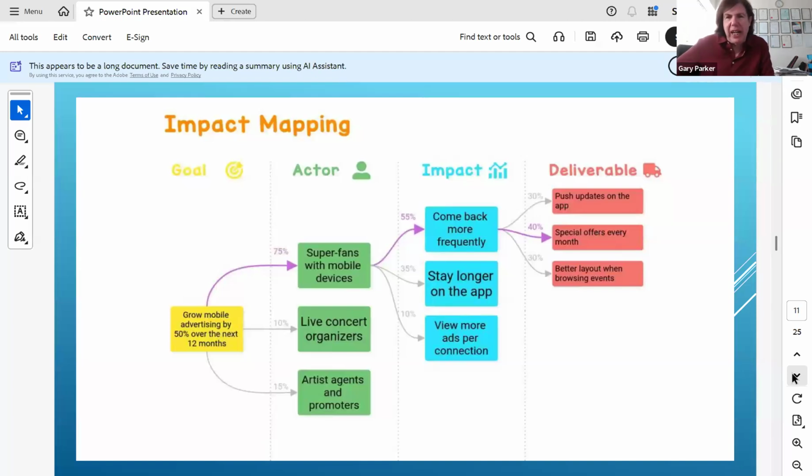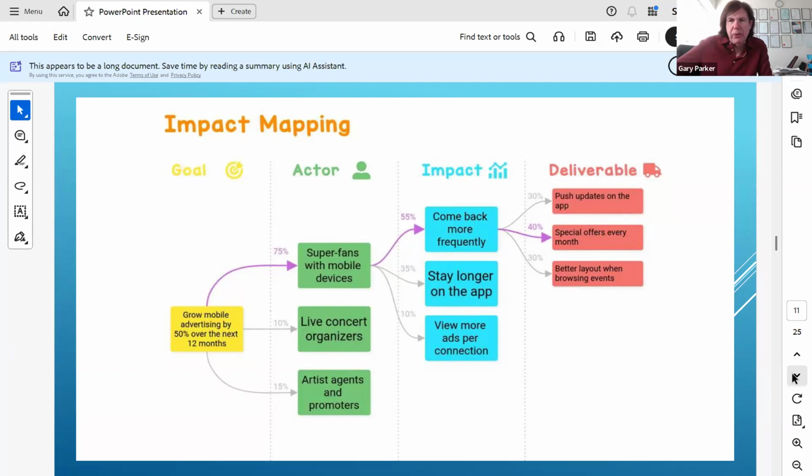You might have disparate actors in something like this. It really depends on the nature of your project. But if you've got a strategy that engages all of them as best you can, that will lead to more effect. The impact is that people will come back more frequently, stay longer on the app, and view more ads per connection.